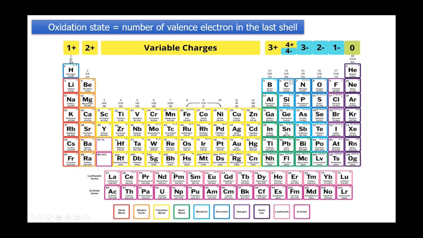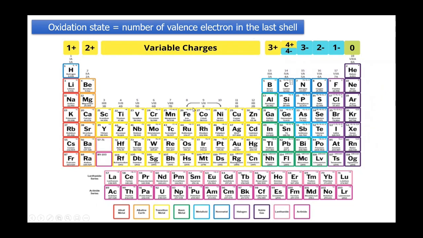Okay, so you can copy. For our group 1, we have 1 plus, 2 plus for group 2, and then 3 plus here in the boron group, then carbon group, nitrogen group, chalcogens, pnictogens, and then we have the halogens and noble gases.